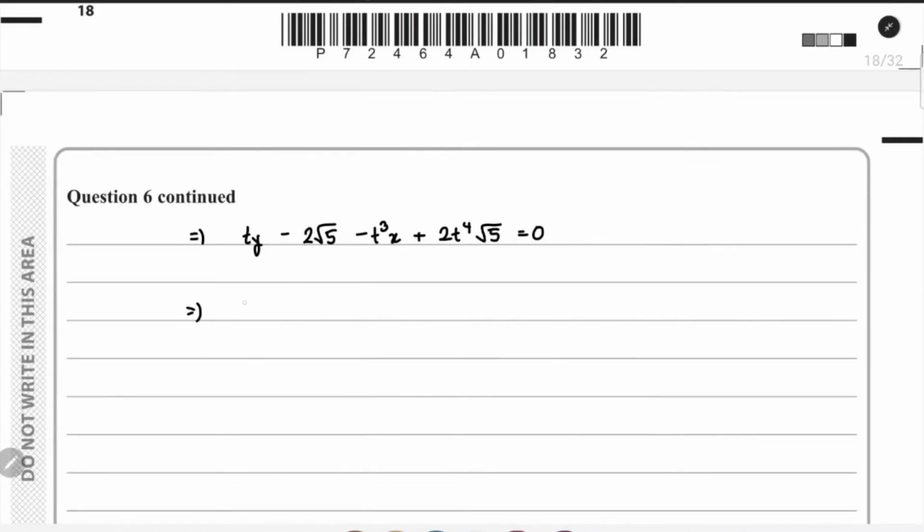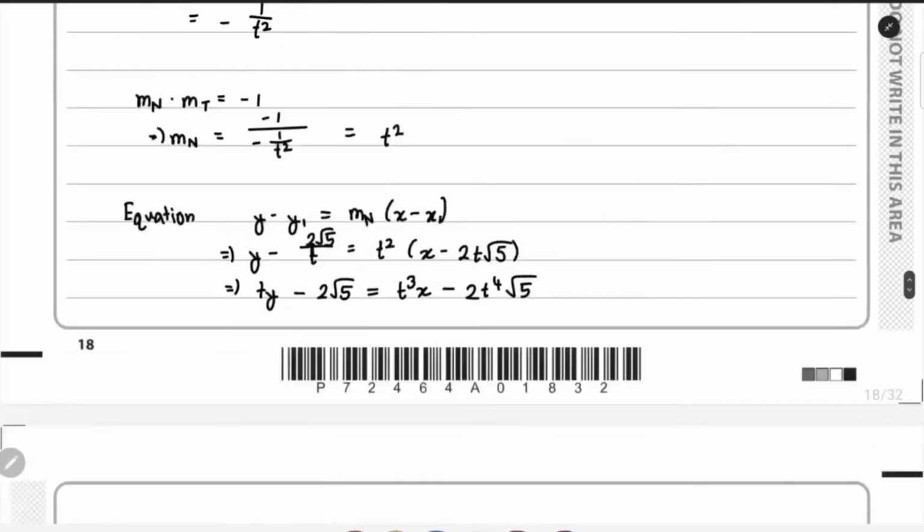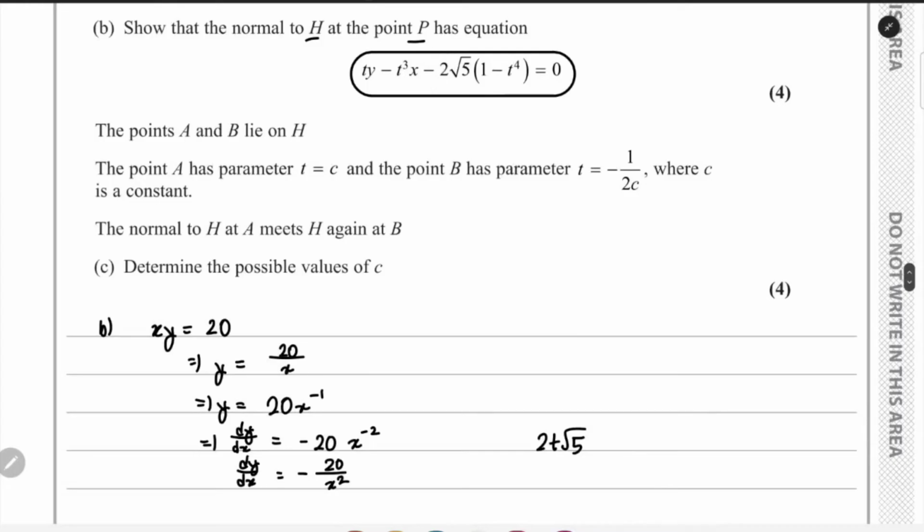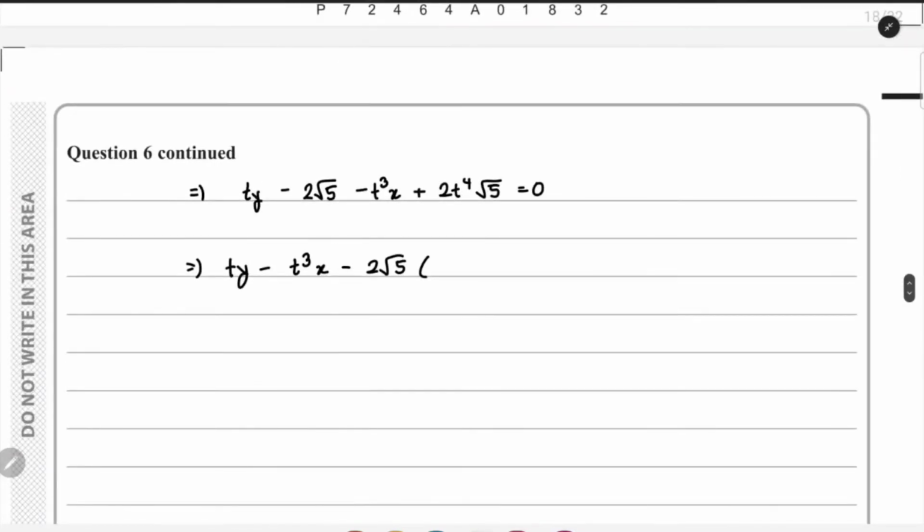I'll have ty minus t cubed x plus 2 root 5, since there is a minus in the show, I'll take minus 2 root 5, then this will become positive 1 and this will become negative t to the power 4 equals 0, and this is what we had to show.